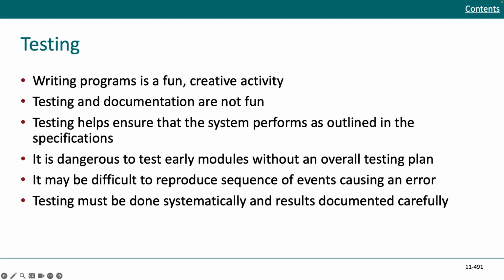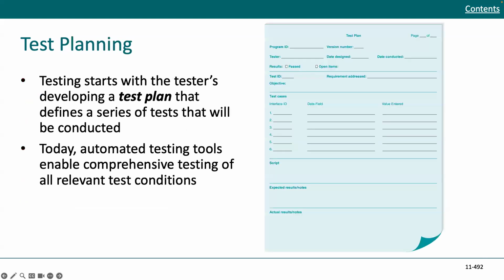It may be difficult to reproduce the sequence of events causing an error, and testing must be done systematically, resulting in careful documentation. You want to have test planning. Testing starts with the testers developing a test plan that defines a series of tests that will be conducted. And what we see today is that automated test tools enable comprehensive testing of all relevant test conditions.